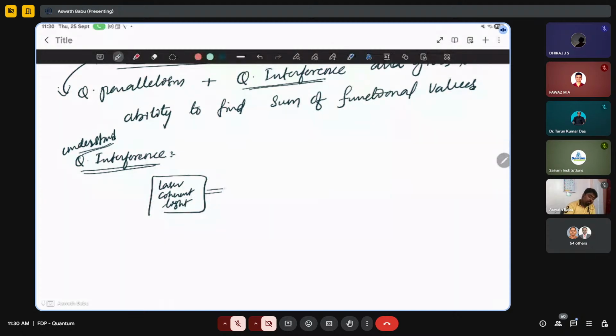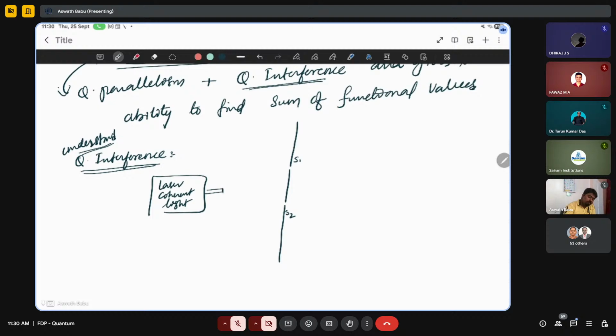Light comes through and you put two slits. Okay, let me draw it a little bit. Now there is a slit 1, there is a slit 2.